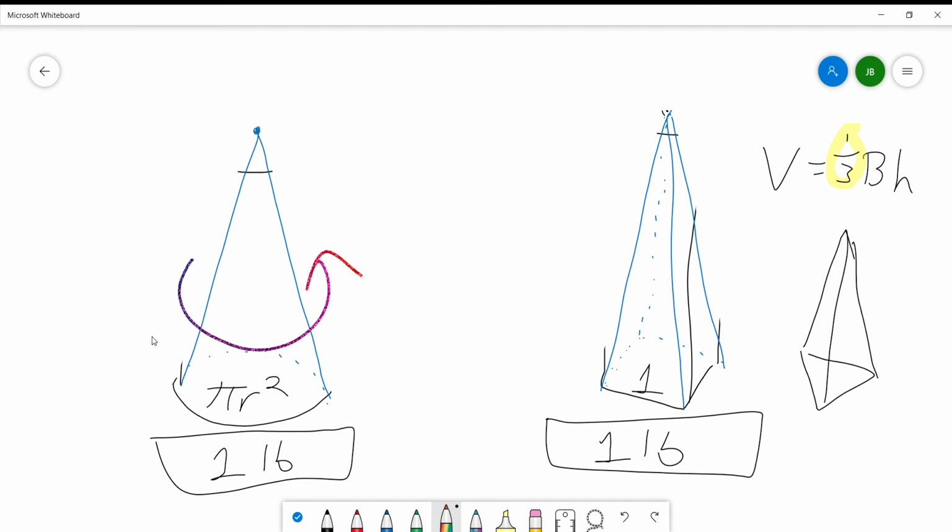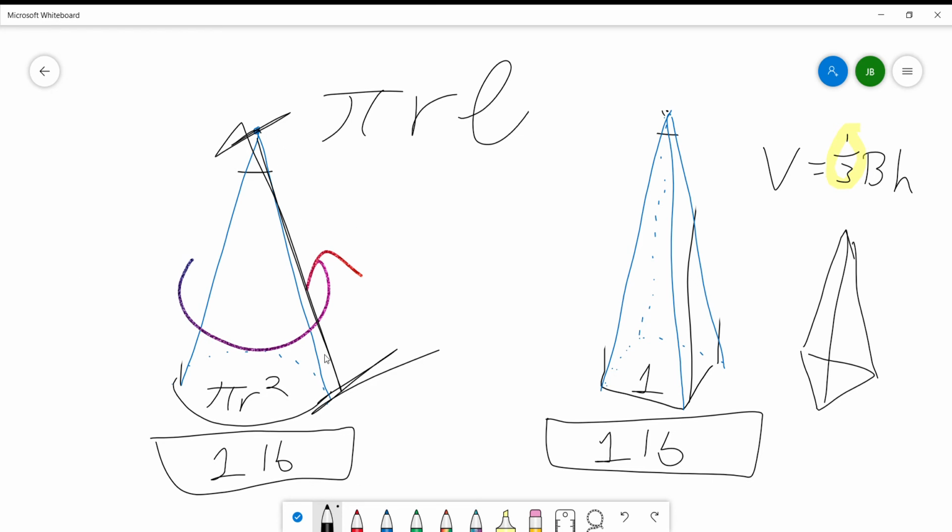I think you just have to memorize this formula. I have no fun way to doodle this out. But it's pi times the radius times the slant height, which is this length right here. Not to be confused with Fahrenheit. Just memorize it. I got nothing.